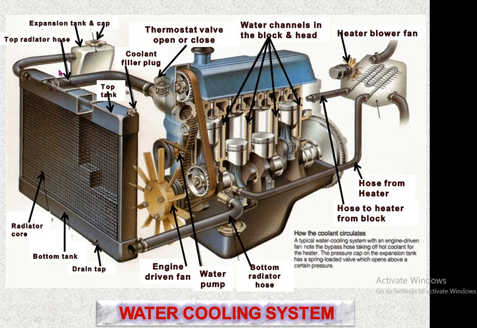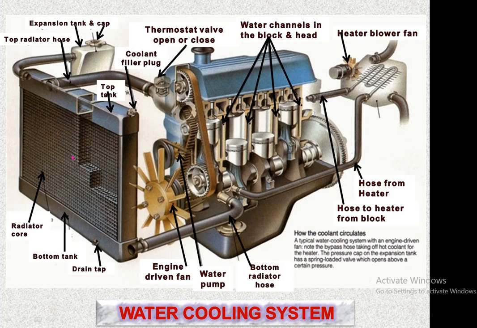Then this is the top radiator hose, which conducts the hot water from the engine head to the upper part of the radiator. Then this is the radiator core. The radiator core is such that as and when the fan starts, it sucks air through the radiator core, and in the radiator core water is circulated to cool down.